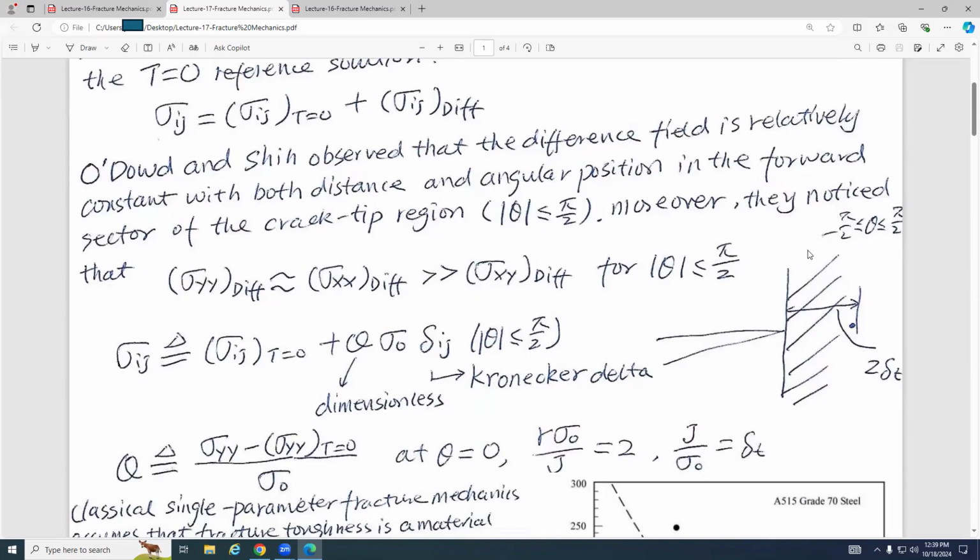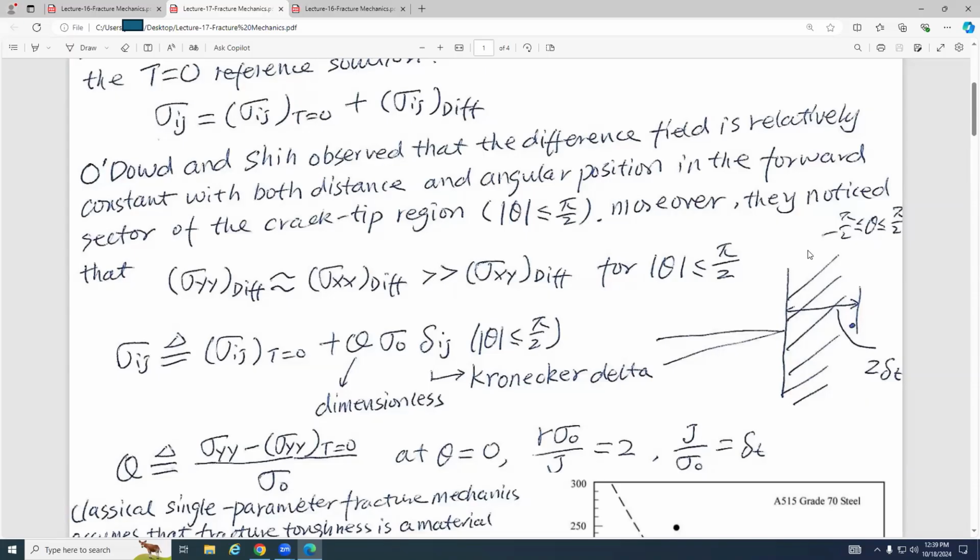Can you imagine? This is my crack tip, I draw a vertical line, and this shaded area can be represented using this inequality. They found that sigma YY diff is approximately equal to sigma XX diff, and these two are greater than sigma XY diff.